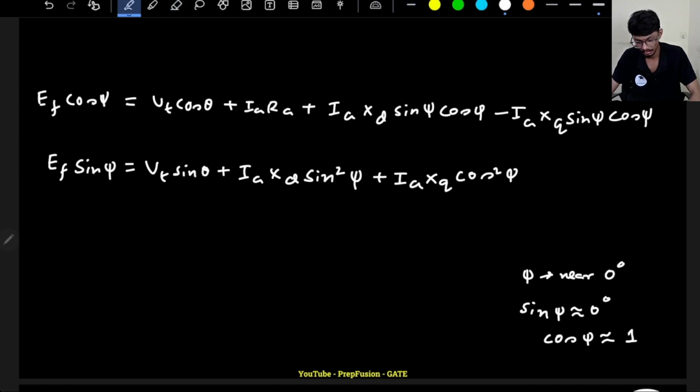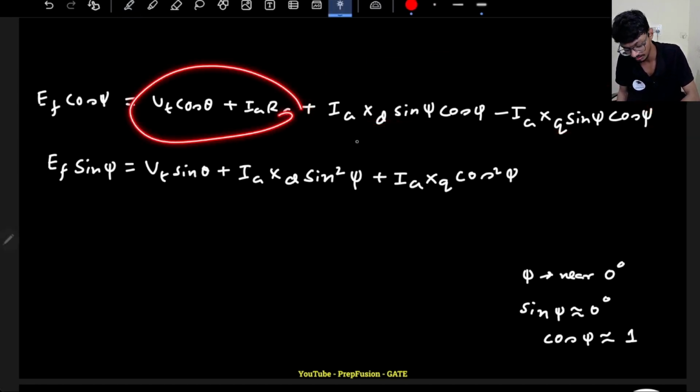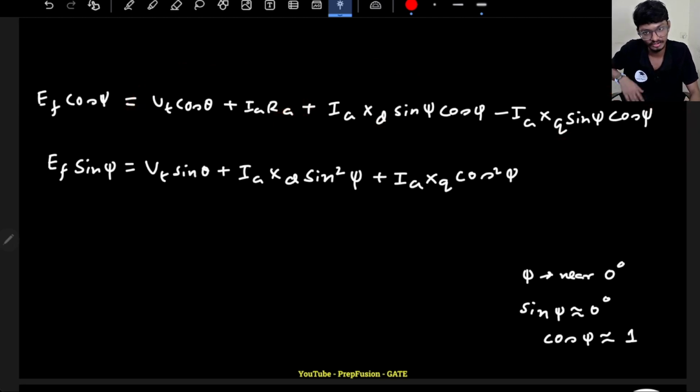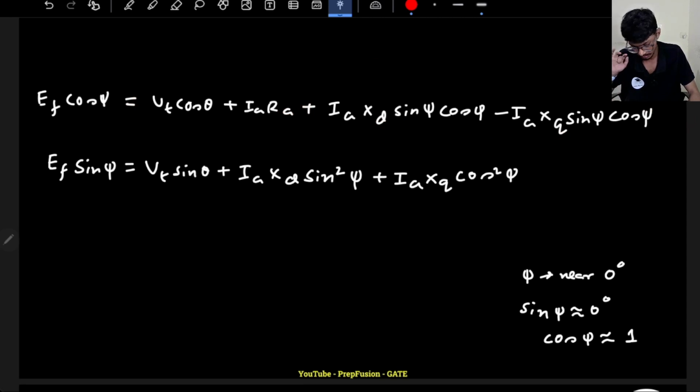One more thing you have to remember is that the values of Xq and Xd vary, but roughly they are equal to each other, that's why they will cancel. Even if you don't do the approximation, almost they will cancel out.